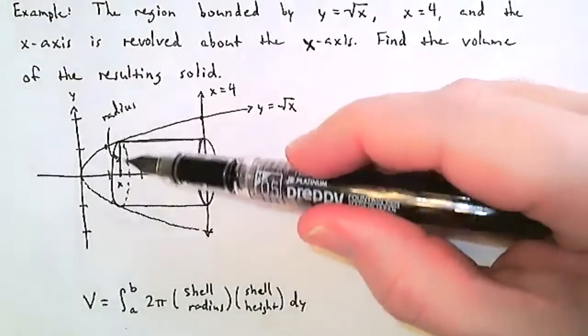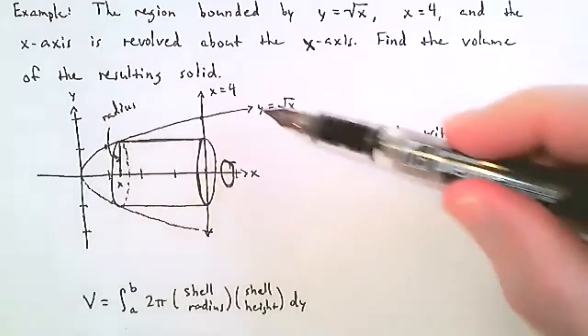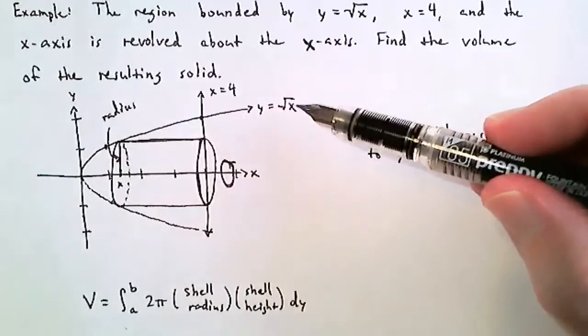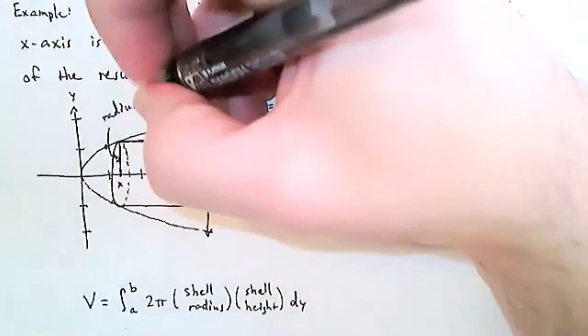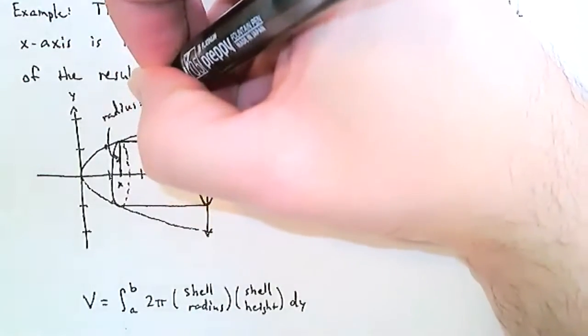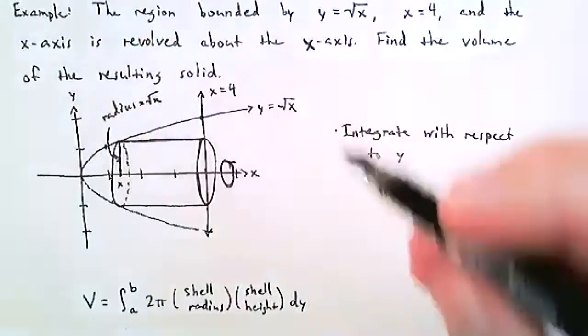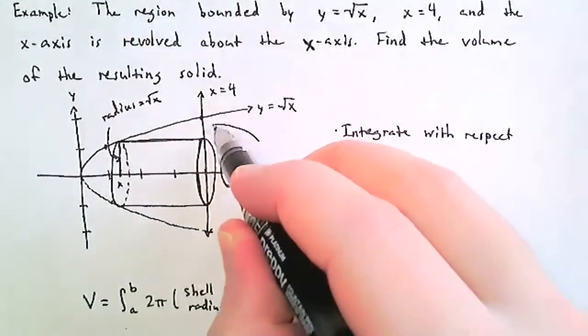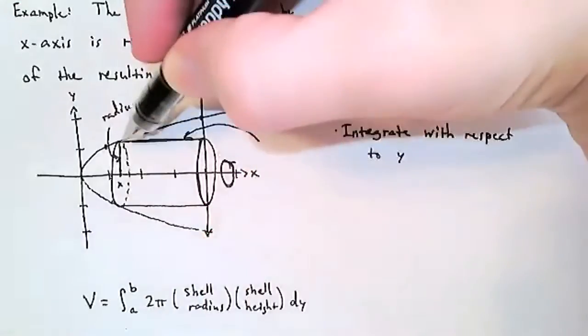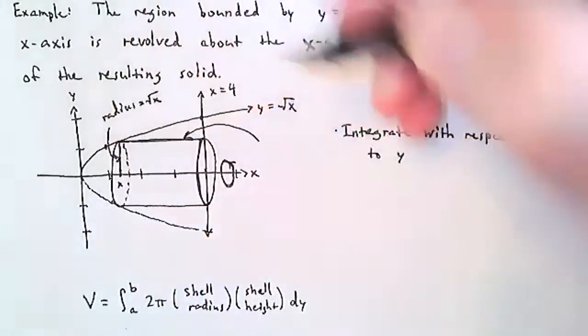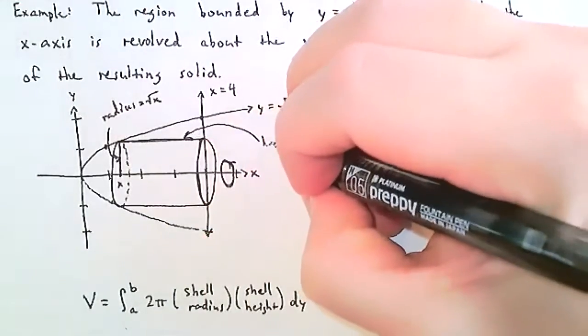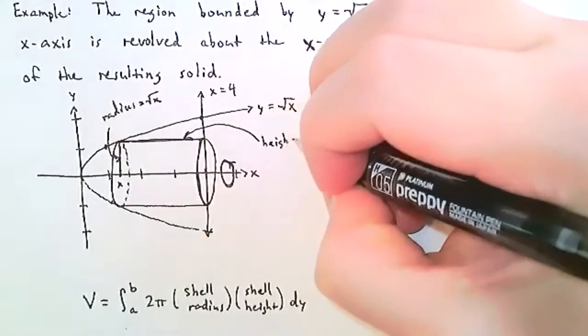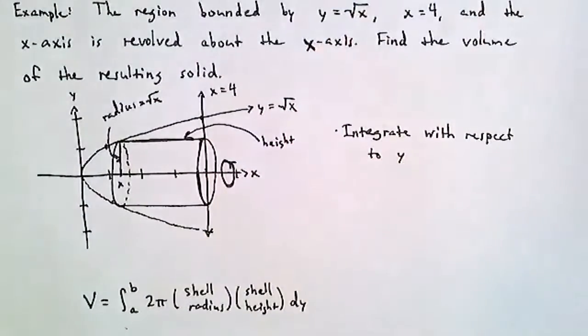Well, it's just the height up to the function, right? It's the square root of x. What about the height? This is where it starts to get a little bit more complicated.